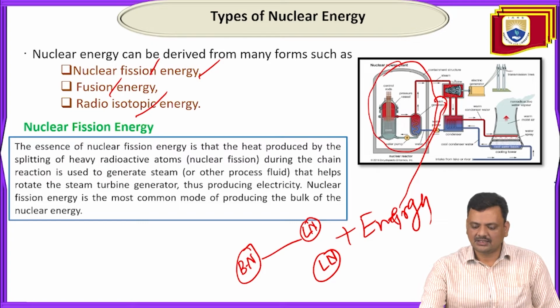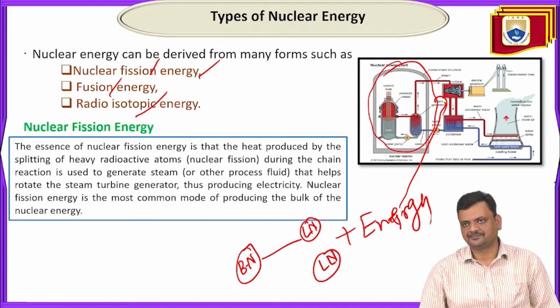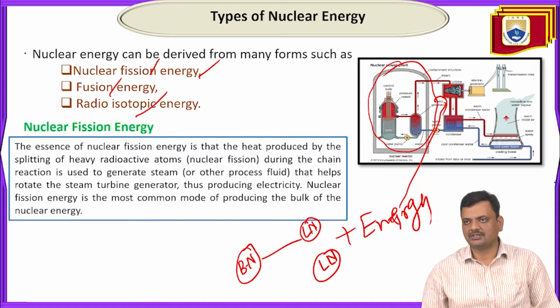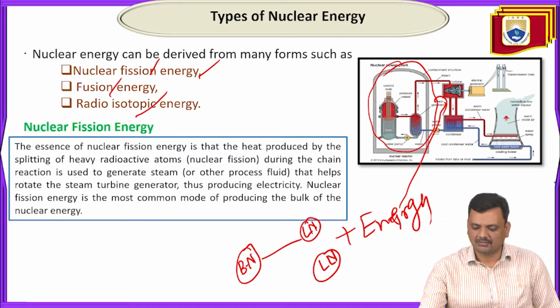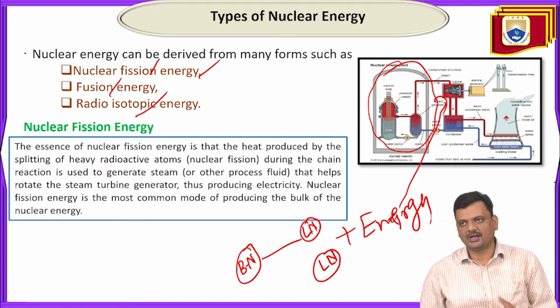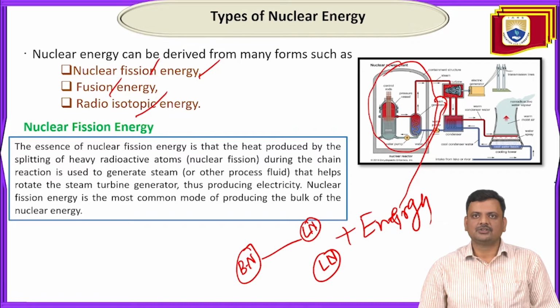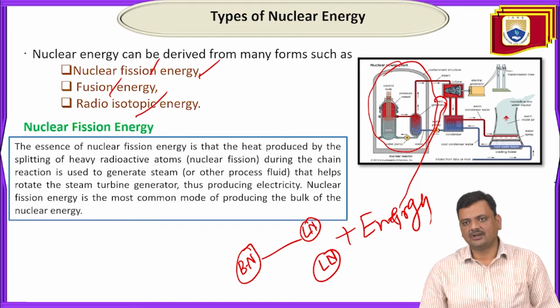That energy is used for heating water, after which steam comes out, and that steam is responsible for rotating the turbine, and when the turbine rotates, electricity is generated. So nuclear fission is the splitting of one big nucleus into two lighter nuclei.